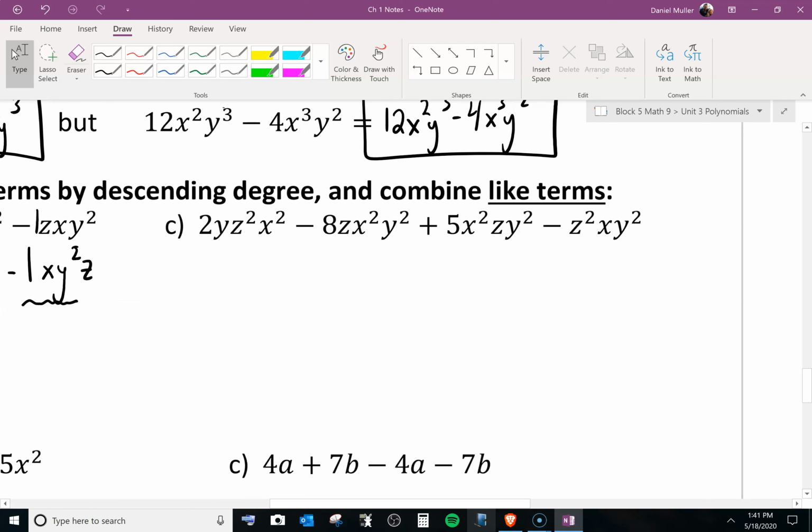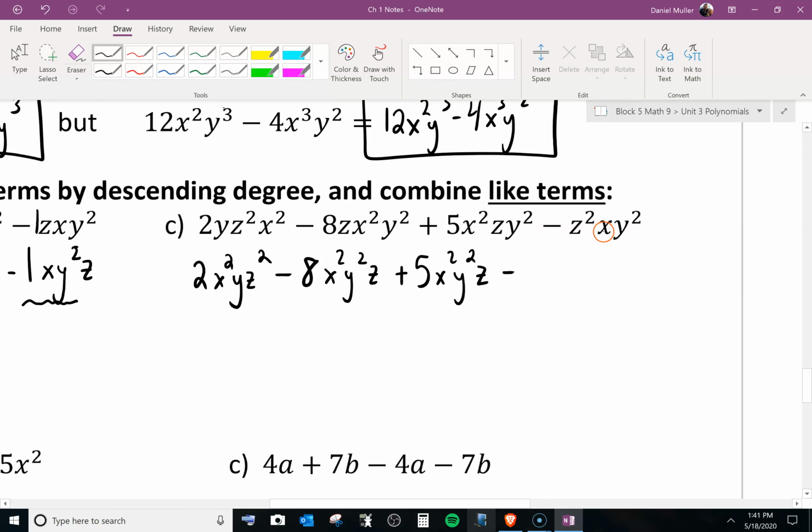And there's one more. It's going to require some serious reordering here. So there's an x squared, then a single y, and then a z squared. Minus 8, an x squared, y squared, single z. X squared, y squared, single z. Already those are different. Plus a 5, x squared, then a y squared, and then a z.